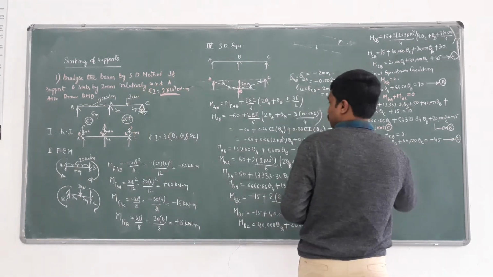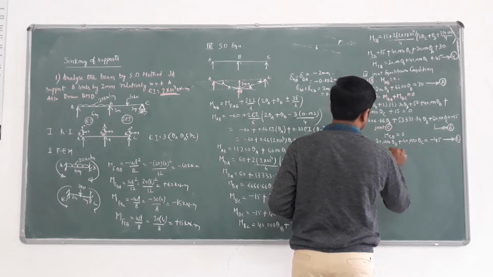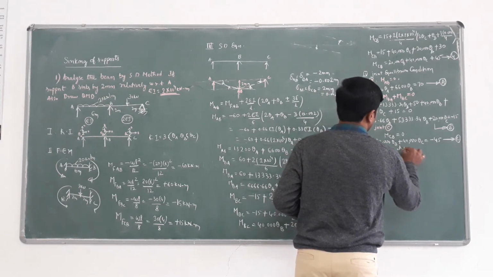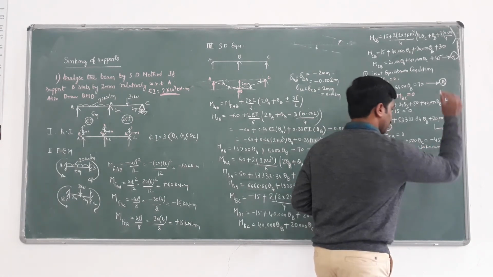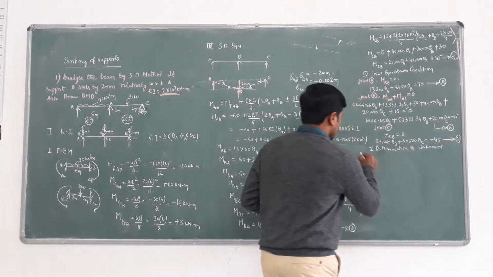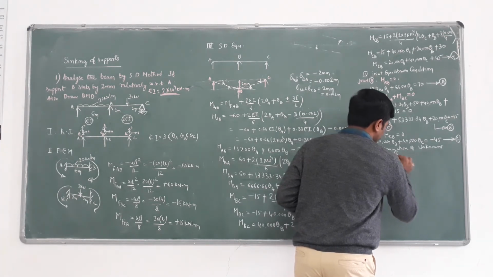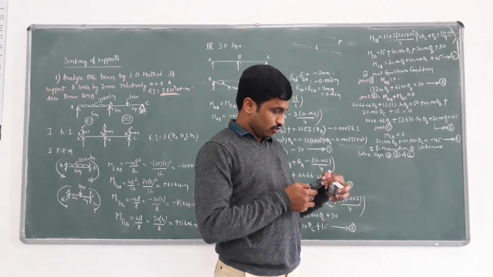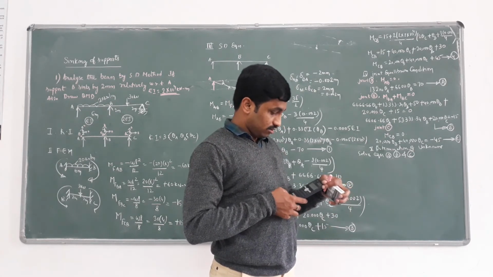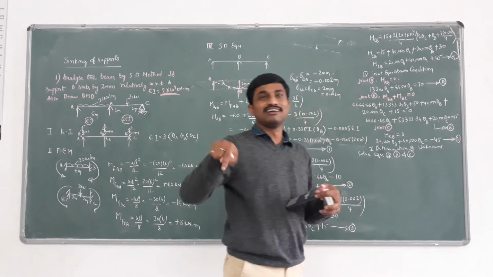So the next step is the fifth step, determination of unknowns. Solve equations A, B and C. Here we are having three unknowns, so we have to solve three equations.